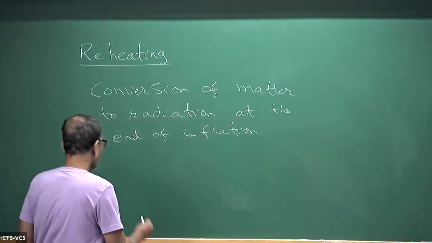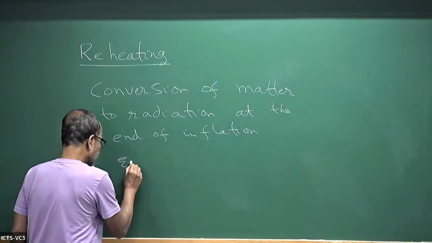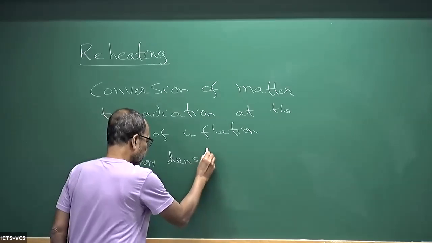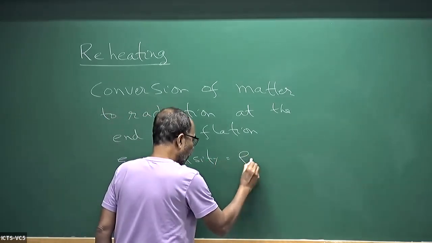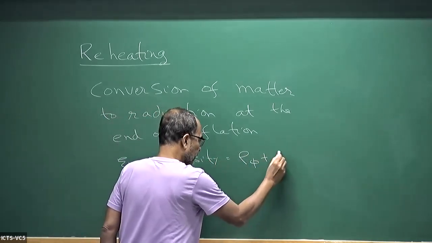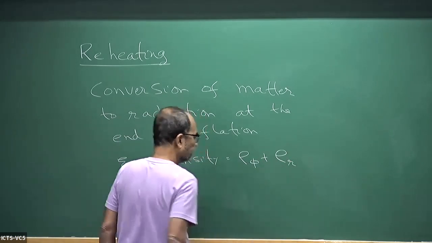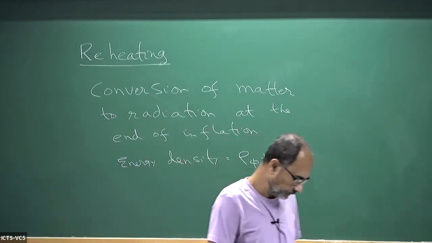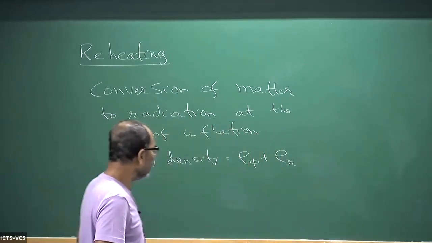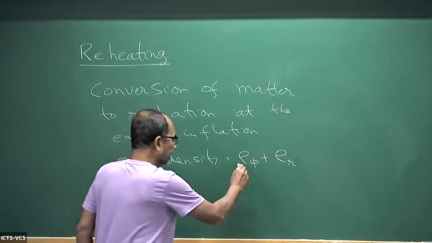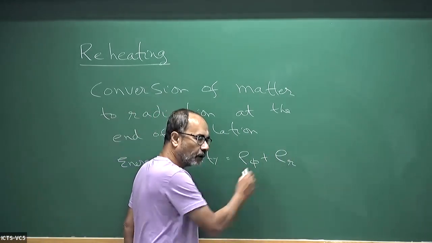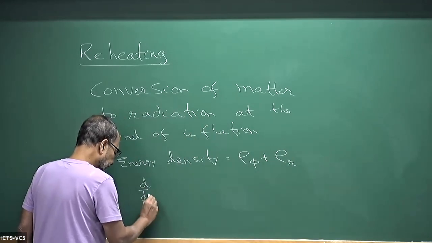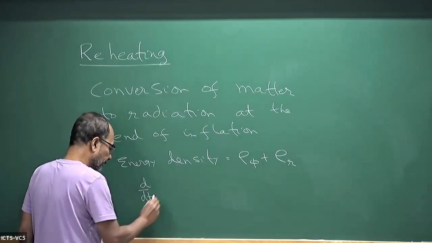So the energy density is rho phi plus rho radiation. And then we will capture the fact that rho phi gets converted to rho r in the following equation.